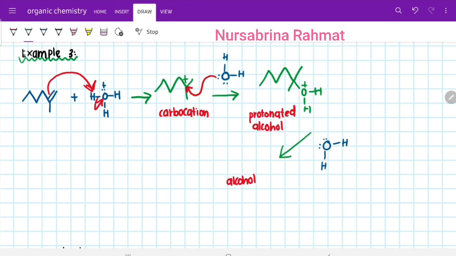Another water molecule with two lone pairs of electrons will attack the hydrogen of your protonated alcohol, so that the bond between the oxygen and hydrogen will break and both electrons go to the positive oxygen. So at the end we form an alcohol, and your H3O plus is regenerated.